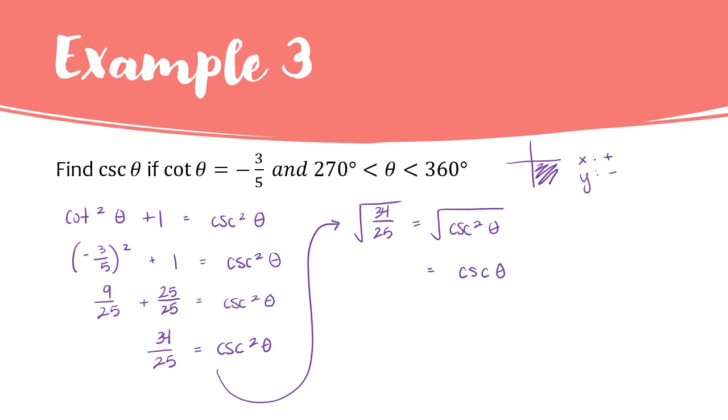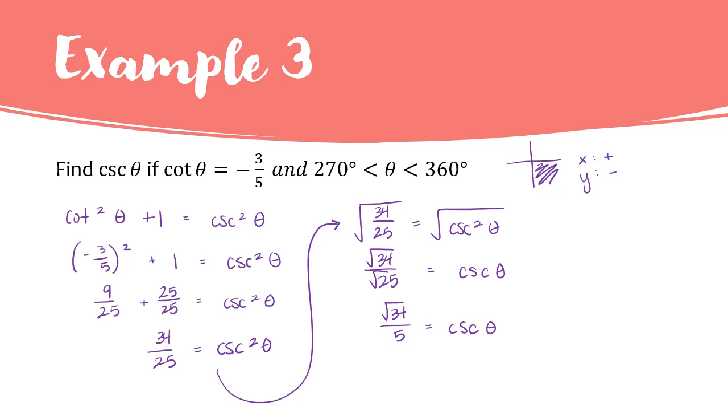But on the left, again, I'm going to take the square root of the numerator and the square root of the denominator. And same as before, we can simplify that denominator. So we'll get the square root of 34 over 5 is equal to our cosecant of theta. Now we just have to think about, is this supposed to be positive or negative?